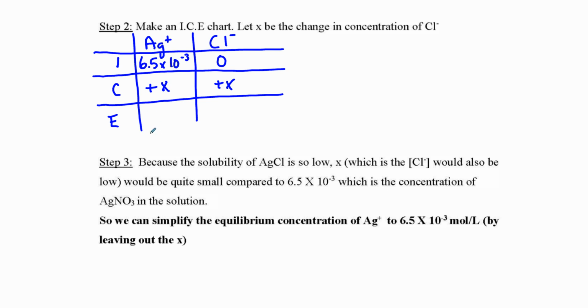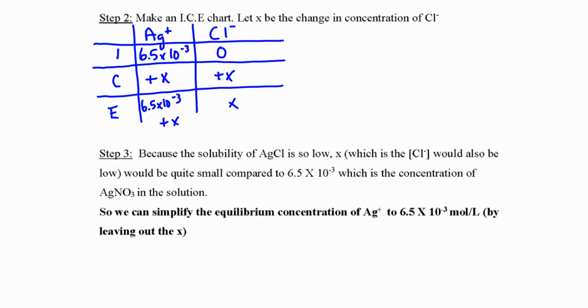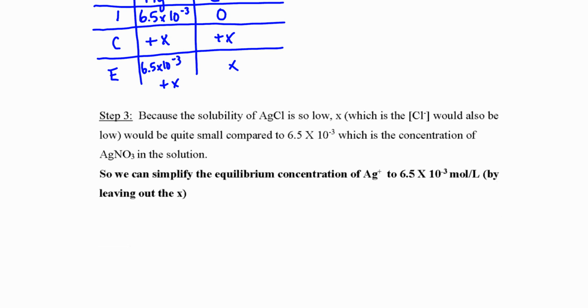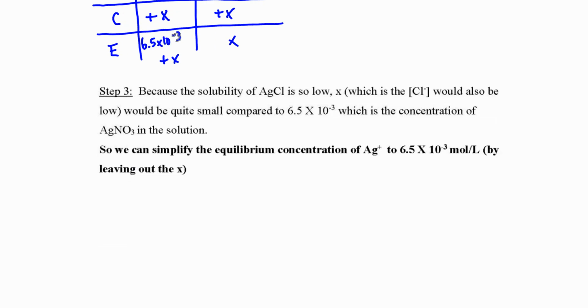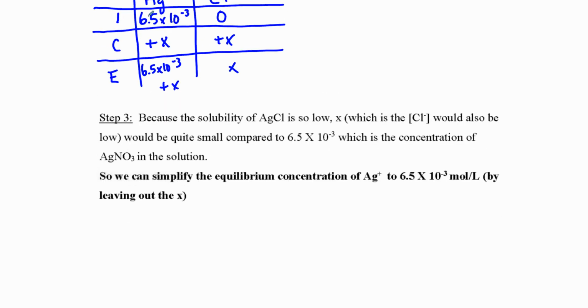So at equilibrium, this one is going to be 6.5 times 10 to the negative 3 plus x, and this one's going to be x. Now we can, for the most part, carry on as we normally would. The only real difference here is that the starting concentration is not 0 because there were already some silver ions in the beaker.